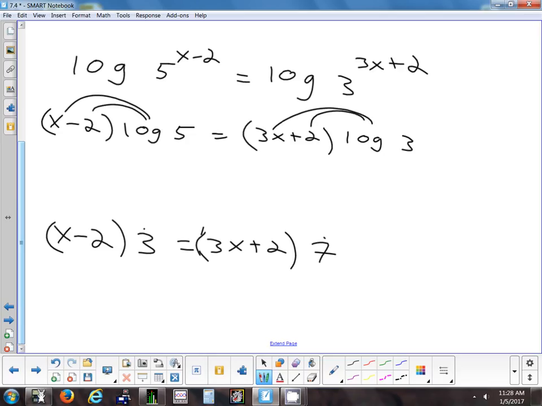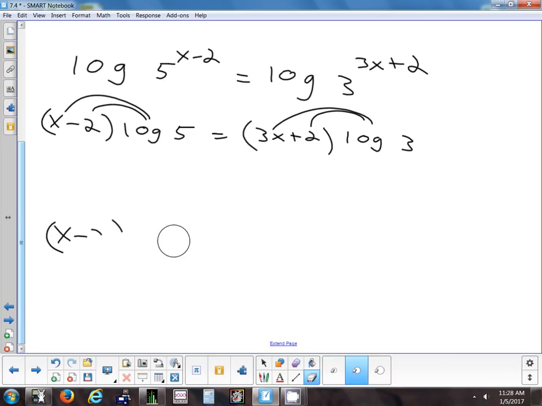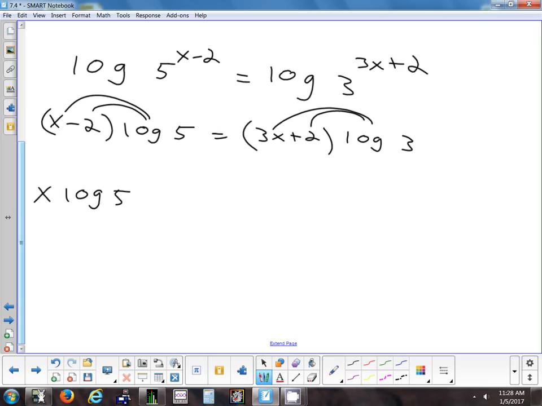The only thing that's going to look a little messy is I'm going to write the word log over and over, because I'm not going to do this out. I'm going to save doing that out for the very last step. So we have whatever the log of 5 is times x, and whatever the log of 5 is times 2.